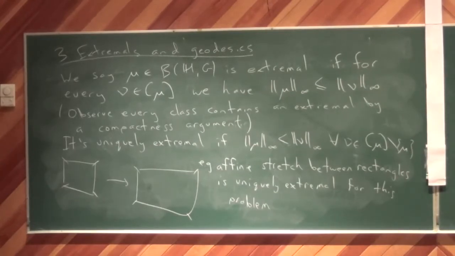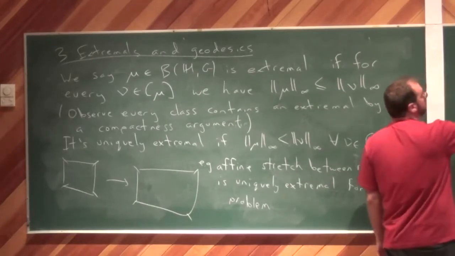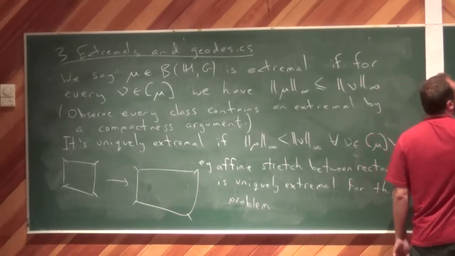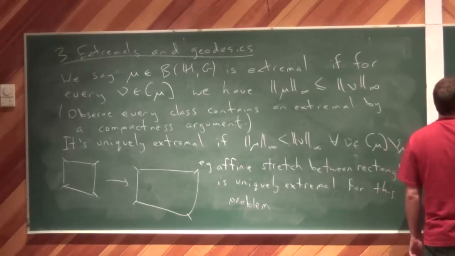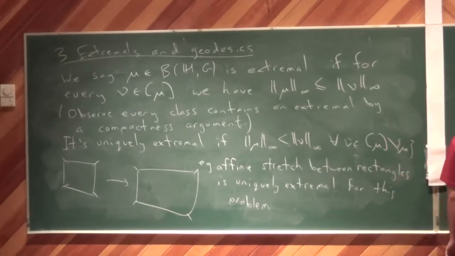And there is a similar notion for the tangent class of Beltrami differentials. So mu is extremal for mu tan if the sup norm of mu is less than or equal to the sup norm of nu, for all nu in the Teichmüller class of mu.